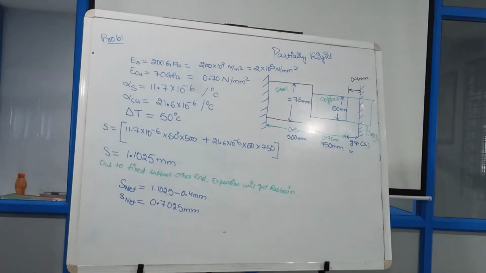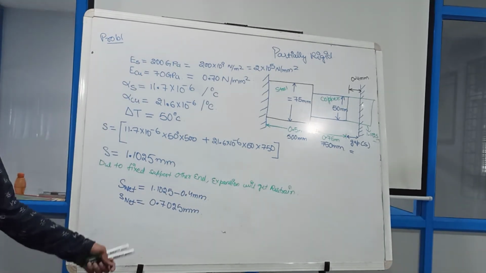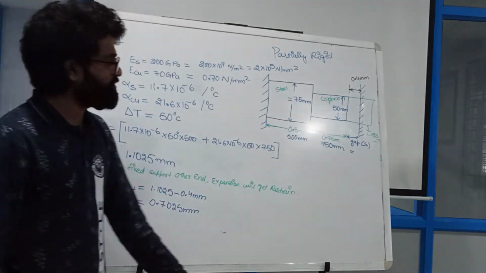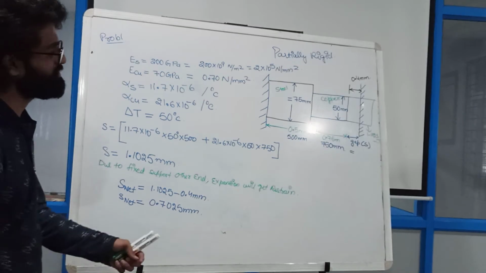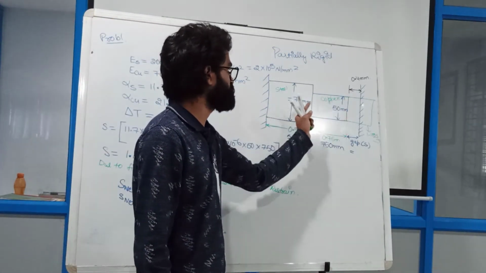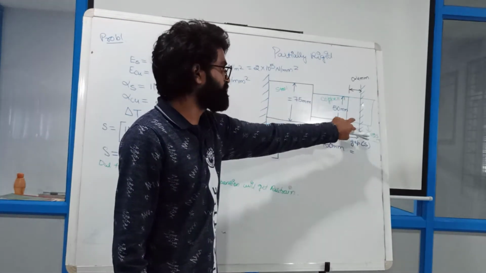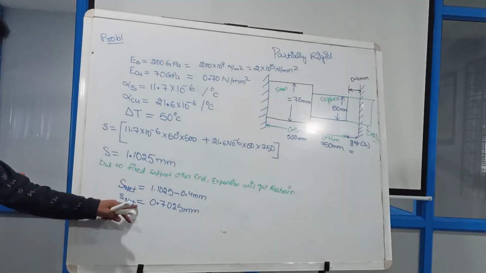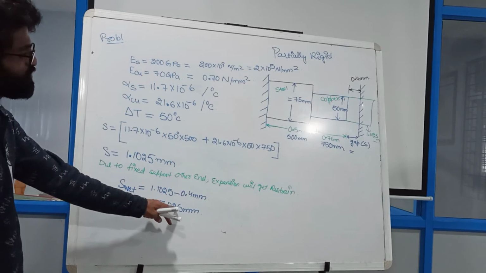This is the particular expansion I am getting in this figure. So I am getting this from the combination of both, the concluded full length expansion, that is delta is equal to 0.025 mm.